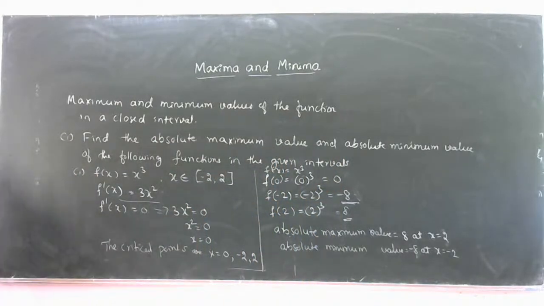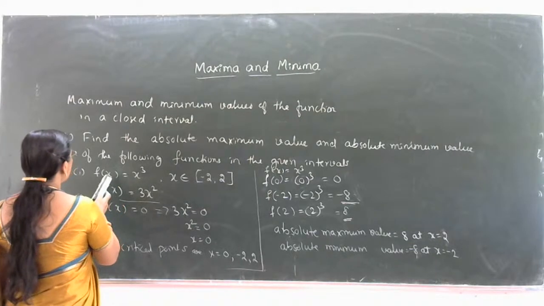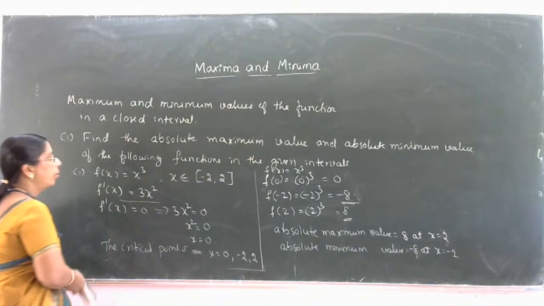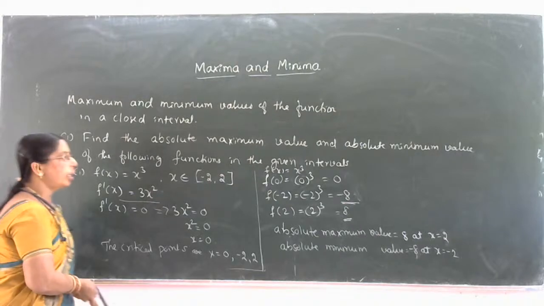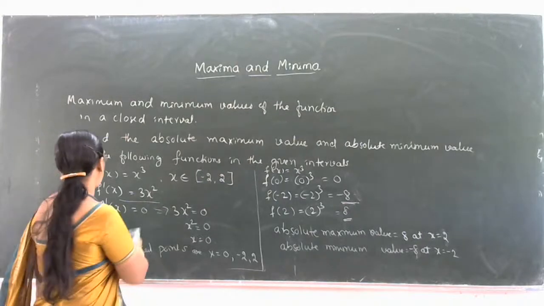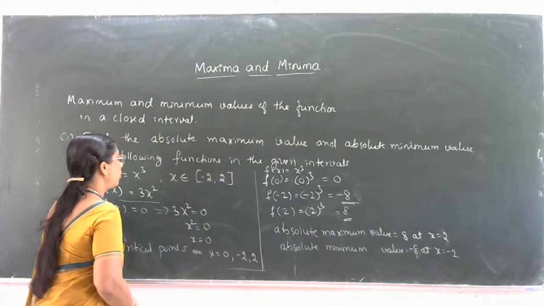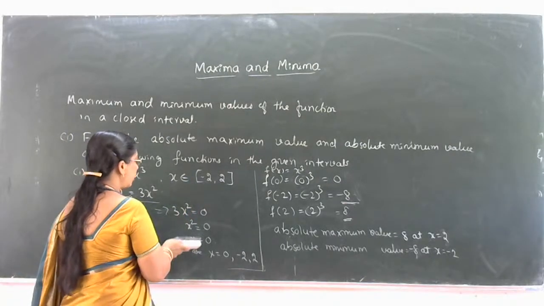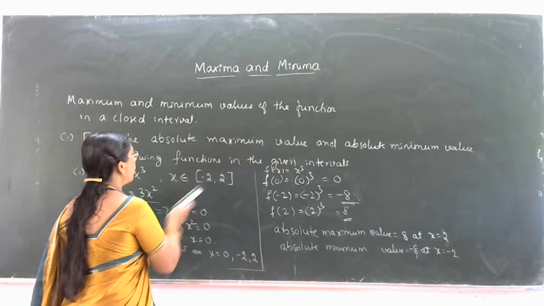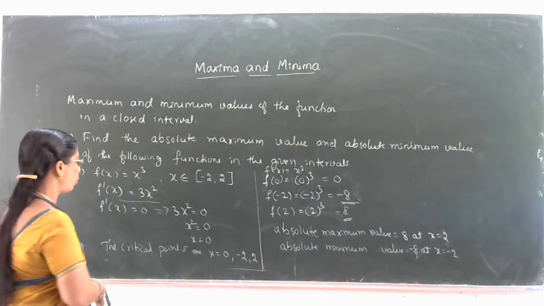Here the following steps are followed. First, find the derivative of the function, then equate the derivative with 0 and find the critical points. Then we add the interval points, which are minus 2 and plus 2.